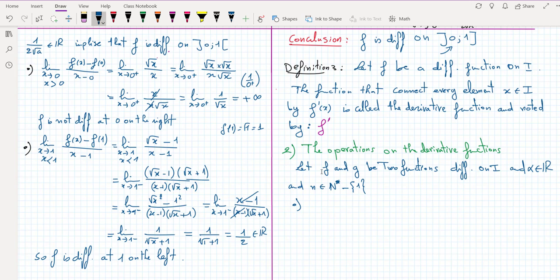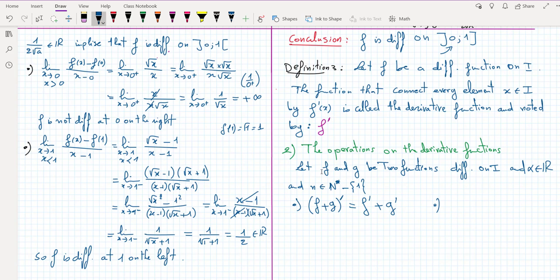The first property of the operations is the derivative of the sum, f plus g prime. If we apply the derivative on the sum, we will find f prime plus g prime. So the derivative of the sum is the sum of the derivatives.